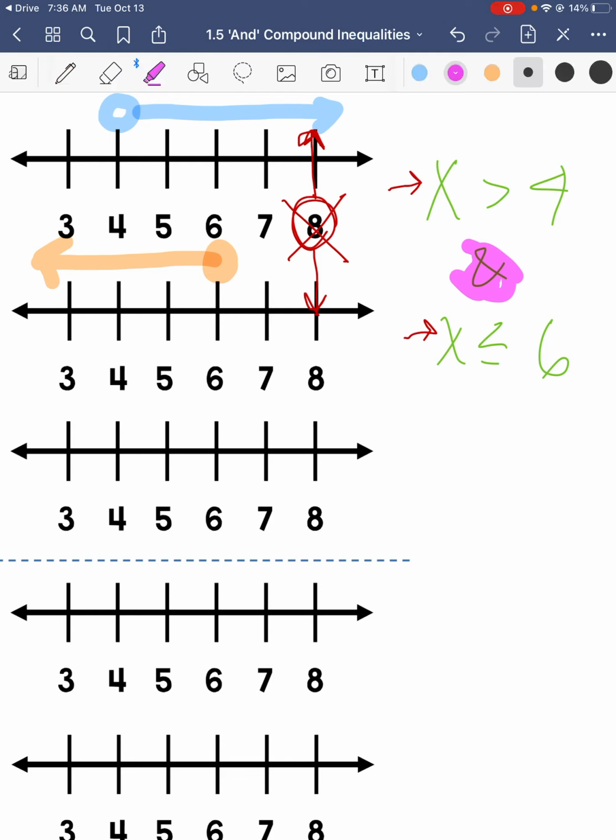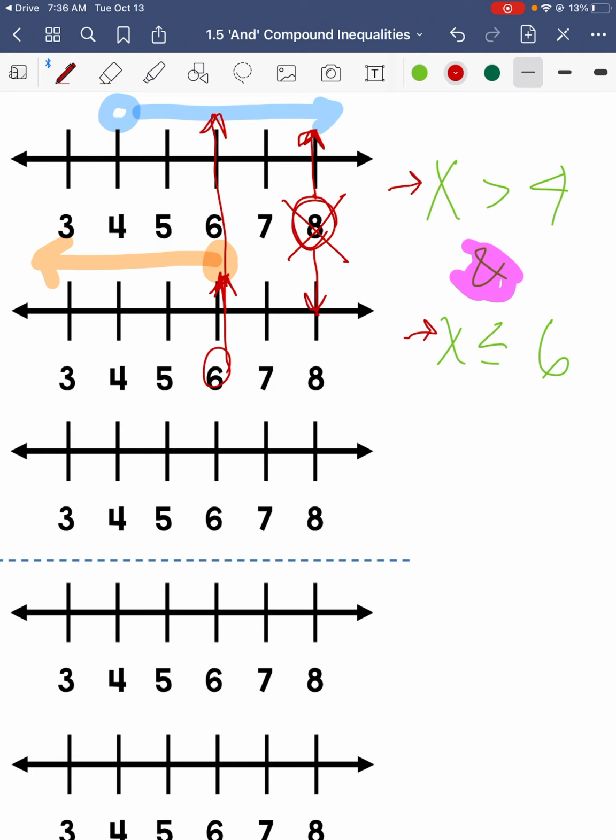What is going to be part of our final set are all the numbers that overlap from the first two conditions. So 6 is included in the first one, 6 is included in x is less than or equal to 6, and it's also included in the second one.